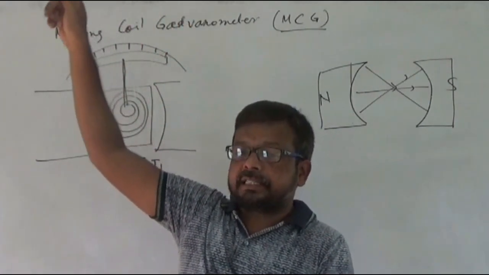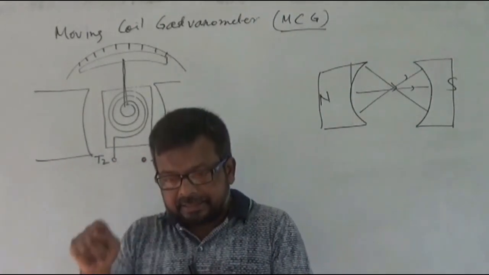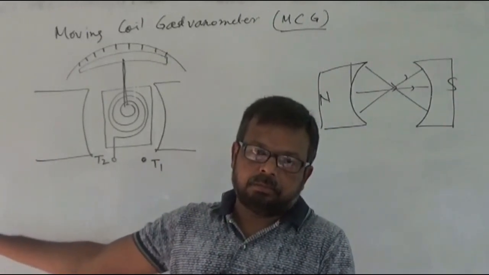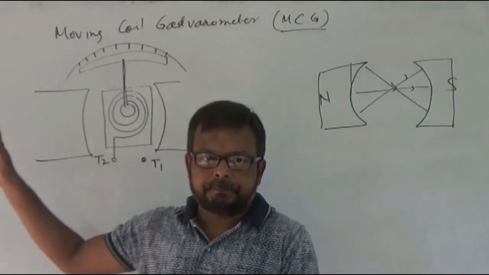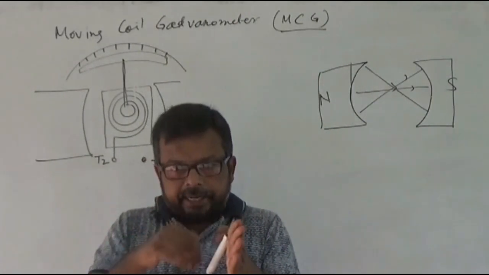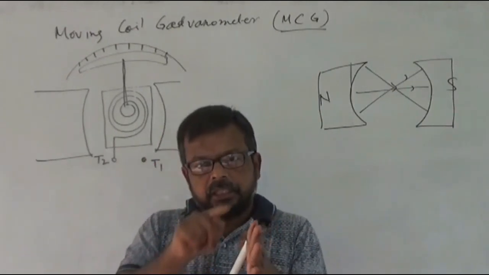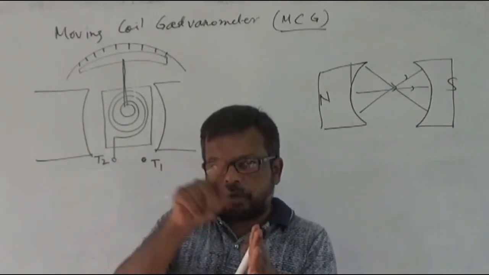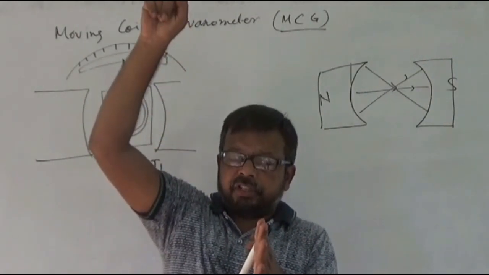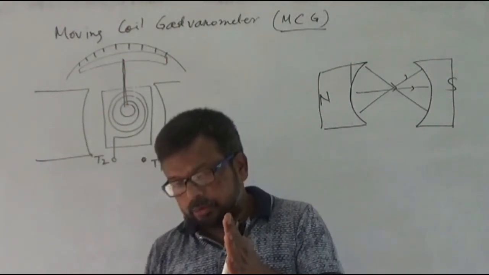One end of the thread is connected to the external circuit, and the other end of the coil is also connected to the external circuit. Is it clear to you? This is the magnet, and in this region there is a magnetic field, and here is our coil, rectangular or circular coil. One end of the coil is connected to the phosphor bronze thread, and the other end is going to the external circuit.